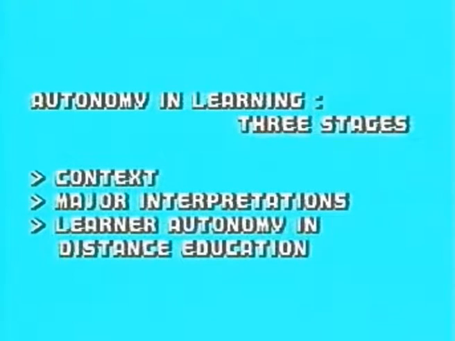At the second stage, we shall try to explore the various interpretations pertaining to this concept. And at the last stage, the third, we shall try to see the relationship between this concept and distance education. So the theme of today's presentation is essentially the concept of the autonomous learner, or autonomy in learning.